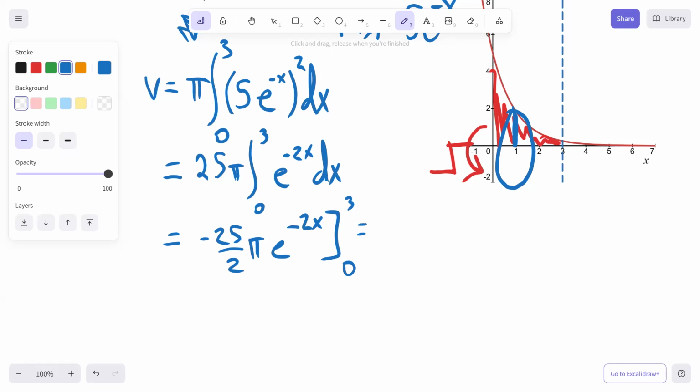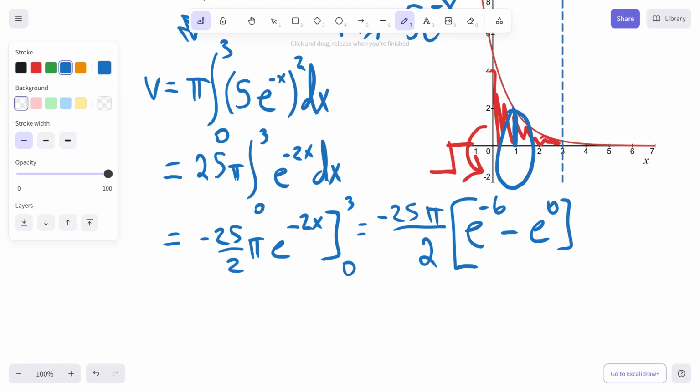So you would have negative 25 pi over 2 times e to the negative 6 minus e to the 0. Okay, so you'd have negative 25 pi over 2 times 1 over e to the 6th minus 1.